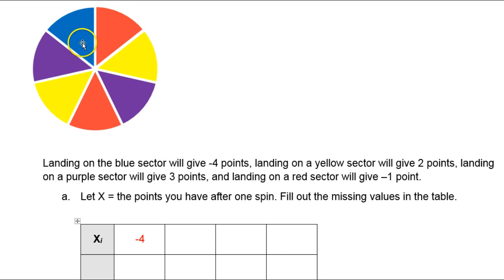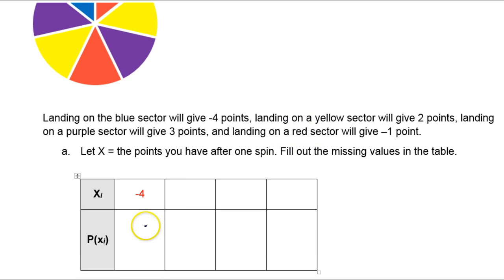So there's only 1 blue sector. So the probability of randomly landing on that is 1 out of 7. You know, we're always talking about target over total. So for the blue, there's 1 blue out of a total of 7. So that's going to be the probability for the blue.